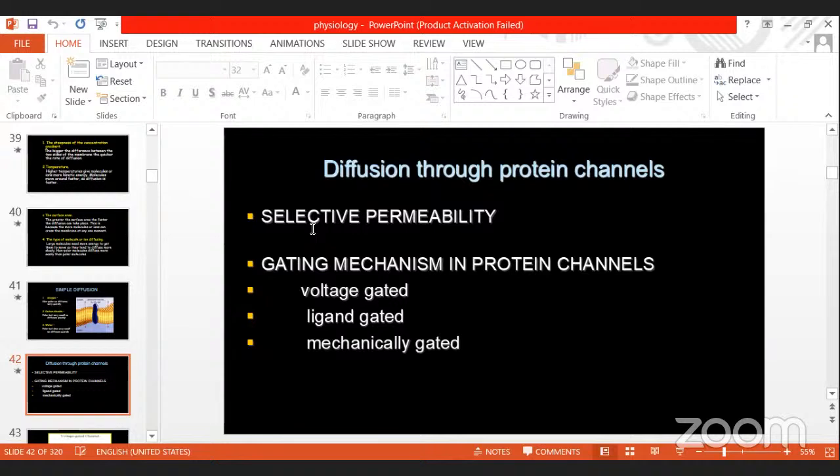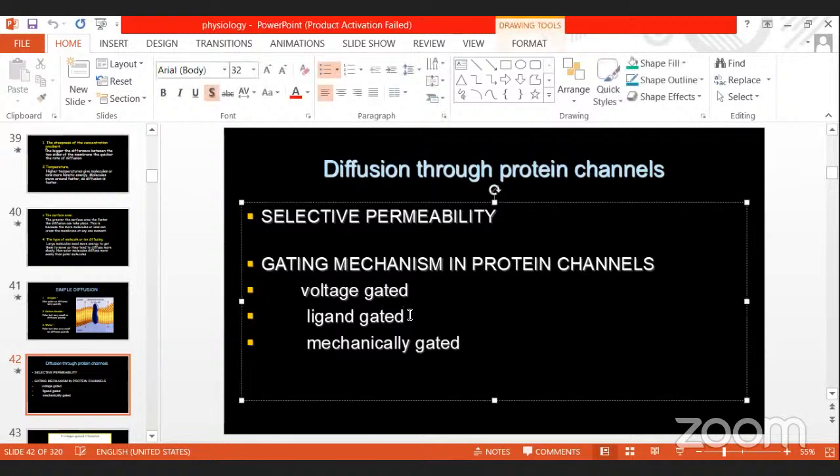Next is the gating mechanism of the protein channels. There are voltage-gated, ligand-gated, and mechanically gated channels. Voltage-gated means that if there is a voltage difference, like an action potential, then only the gates will open. Voltage-gated sodium channels are present at the neuromuscular junction.